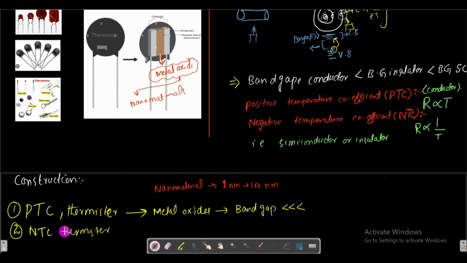This is the type of thermistor which is made up of the material, let's say metal oxides, but in this thermistor the band gap of that material will be greater. So in this case, if we increase the temperature, the electrons will jump from the valence band to the conduction band, due to which the current will flow.